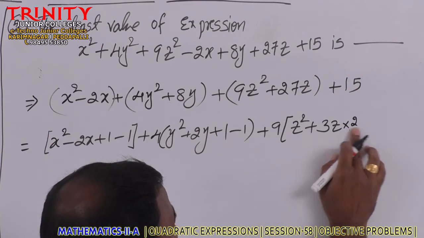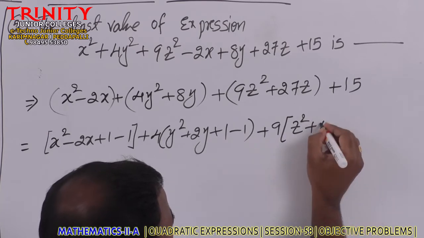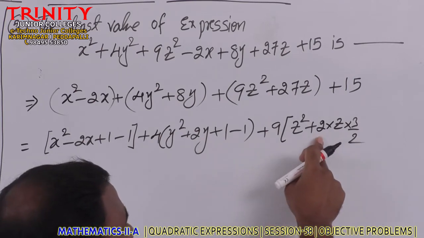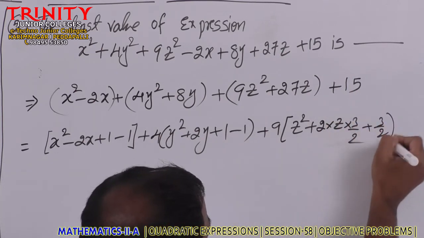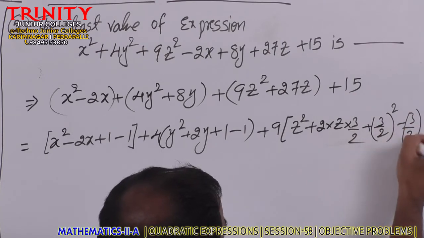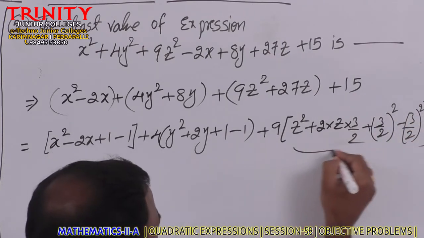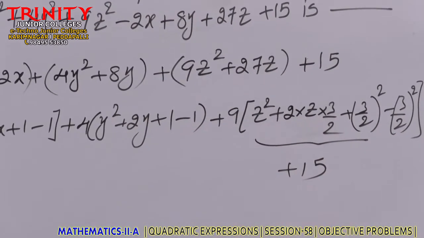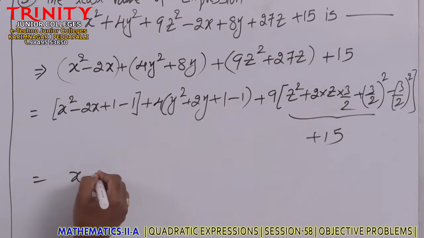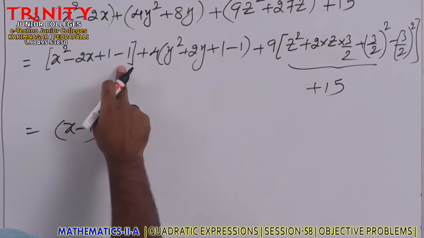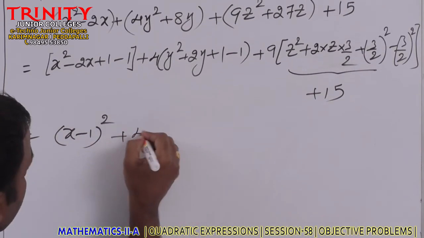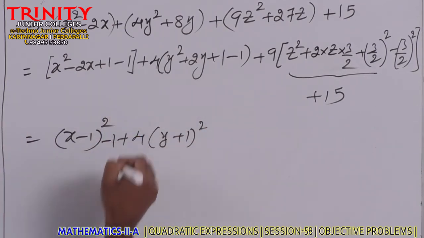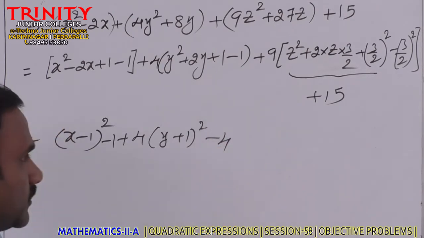Now we can write this as 2 into z into 3 by 2, the 2ab form: a square plus 2ab plus (3 by 2) whole square minus (3 by 2) whole square. Did you understand this one? This total part becomes (a plus b) whole square minus (3 by 2) whole square, plus 15 outside as it is. Now we can write this as (x minus 1) whole square minus 1, and 4 into (y plus 1) whole square, here minus 1 times 4 is minus 4.